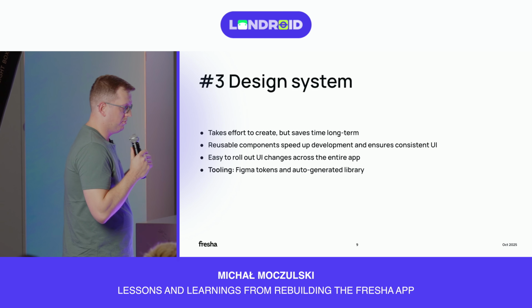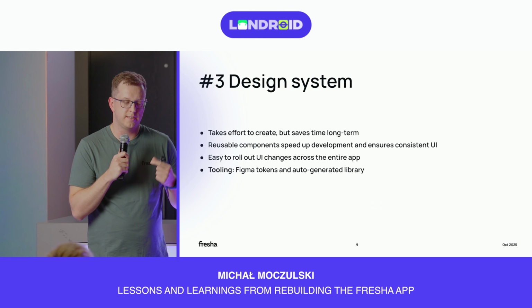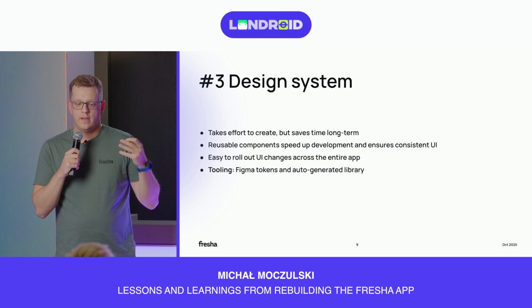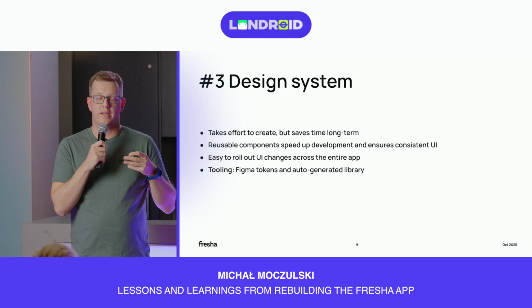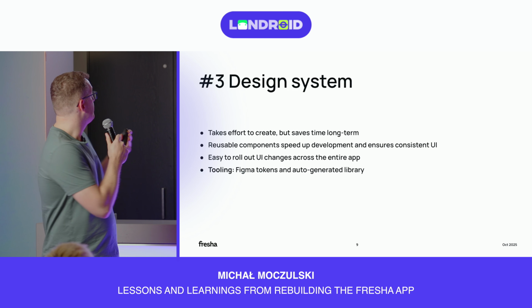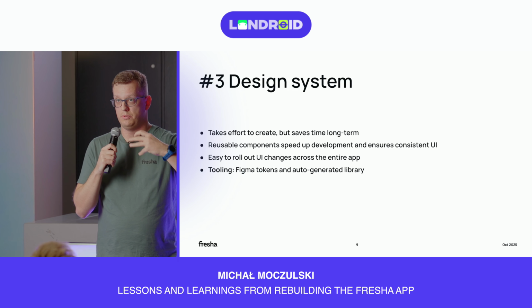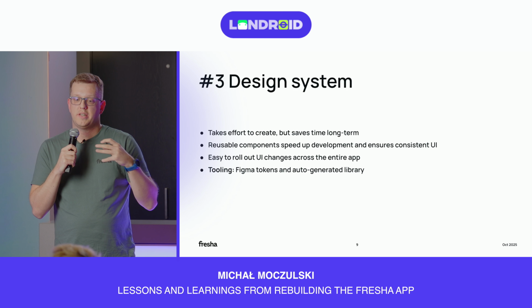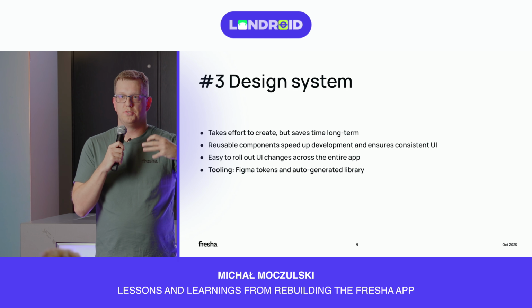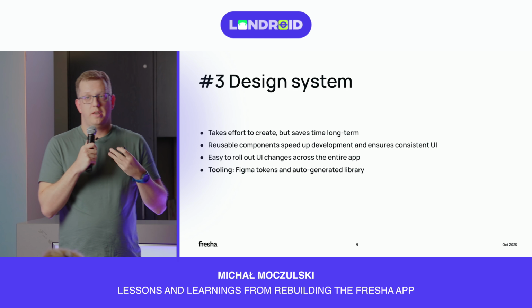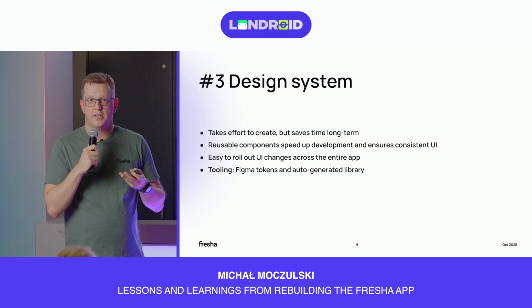And also what was beneficial and still is that you may easily make UI changes across the whole application. So for example, recently we decided to change the square buttons we had into rounded ones. And because we had a design system, it's a very easy thing to do.